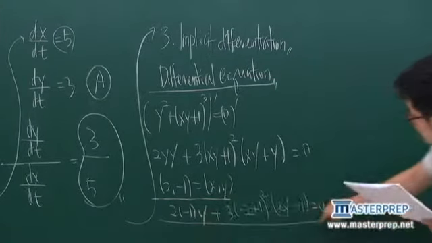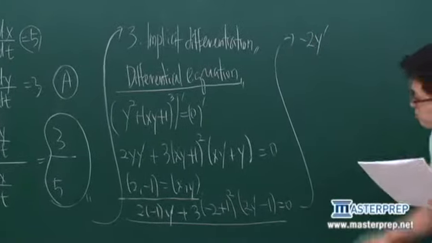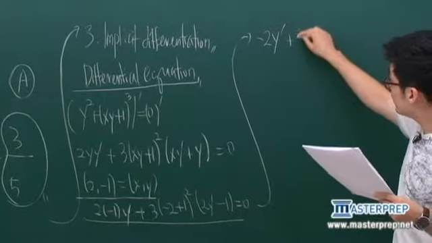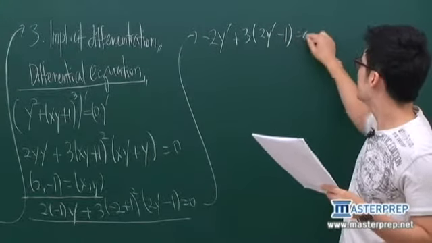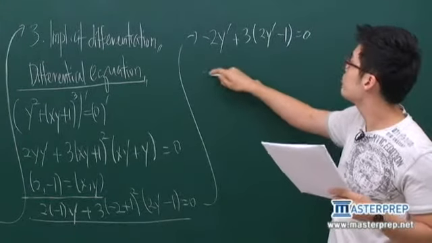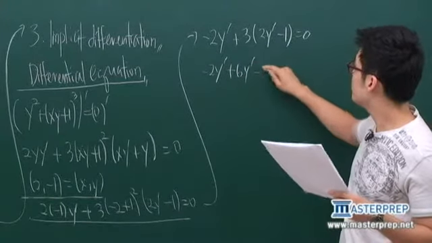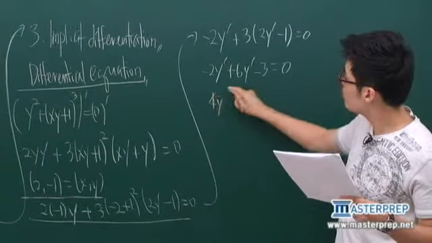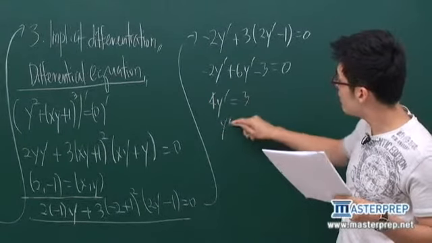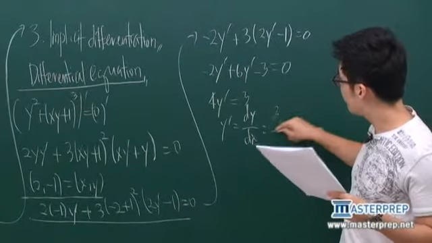Well, this is just arithmetic. -2y prime plus 3 times (2y prime minus 1) is equal to 0. So -2y prime plus 6y prime minus 3 is equal to 0. So 4y prime is equal to 3, which is dy over dx is equal to 3 over 4.